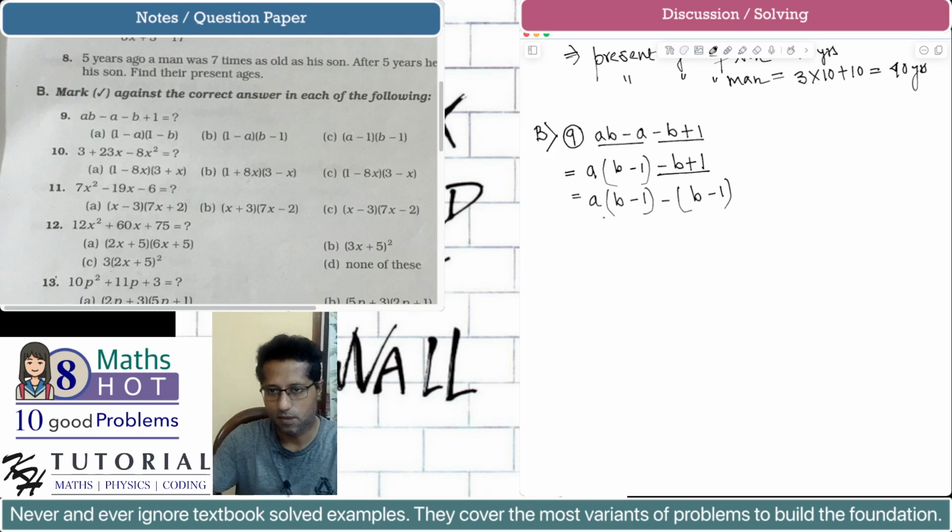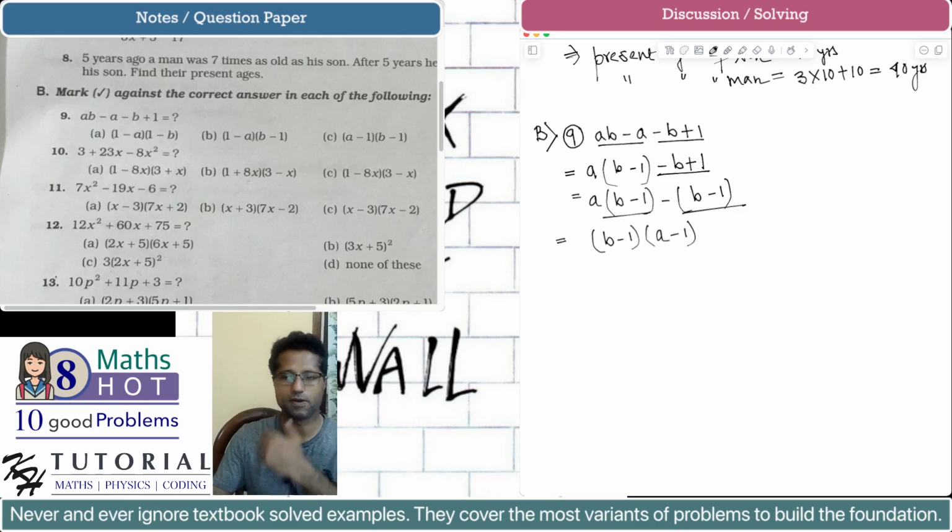Now you can see we are having a common factor of B minus 1 from both the groups, and if we take out that factor, we get B minus 1 multiplied by A minus 1. So this is the factorization of the given expression, and hence the correct choice is C.